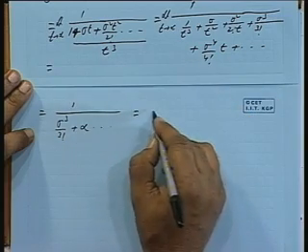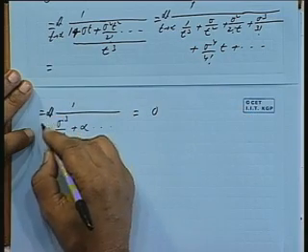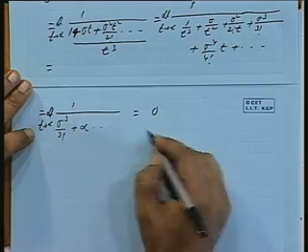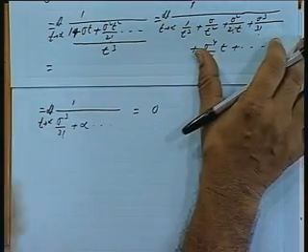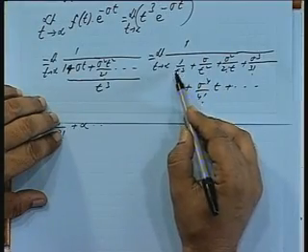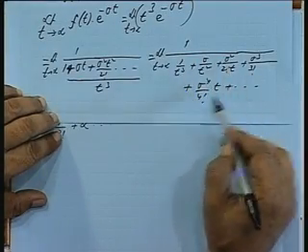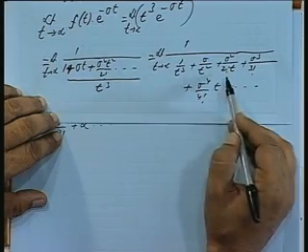So, it will be equal to 0, this is limit t tending to infinity. Now when t tends to 0, this is infinity, this is infinity, these are all zeros. So, 1 by infinity, that is again 0.